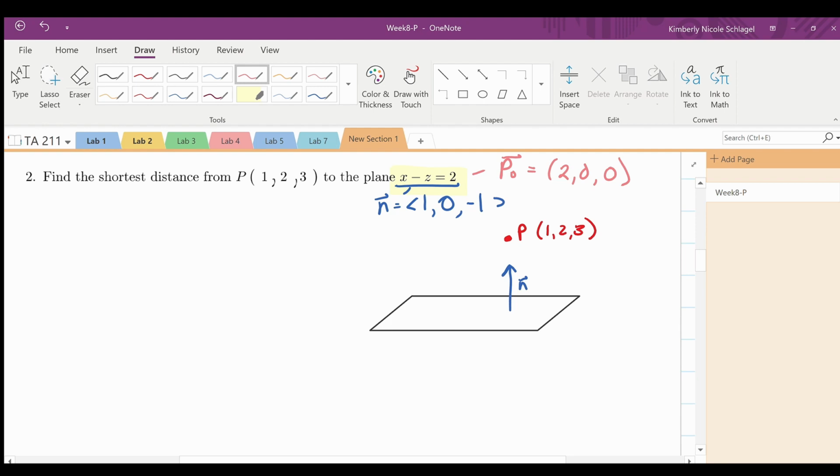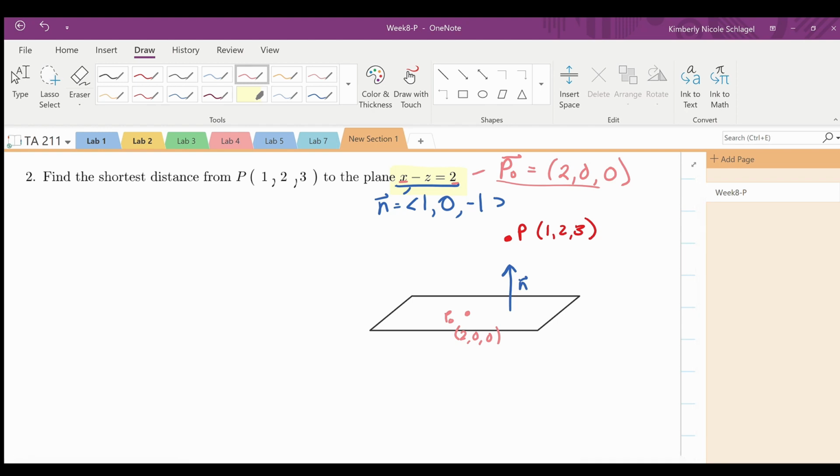Hopefully you can see why that satisfies our equation of the plane, because 2x plus 0y plus 0z does equal 2. So this point is definitely in our plane. I'm going to draw it right here and write P0, (2, 0, 0). So my first step is to choose a point on the plane.